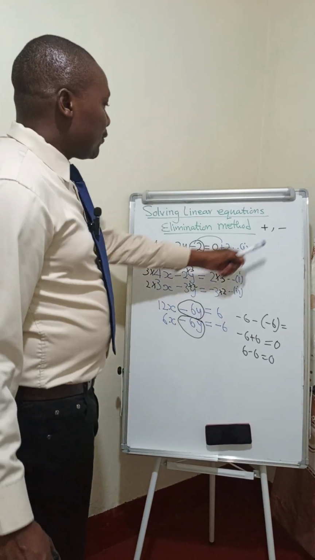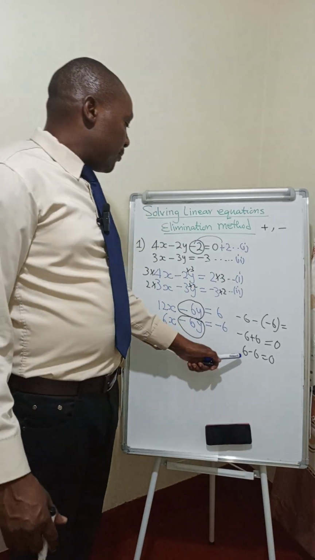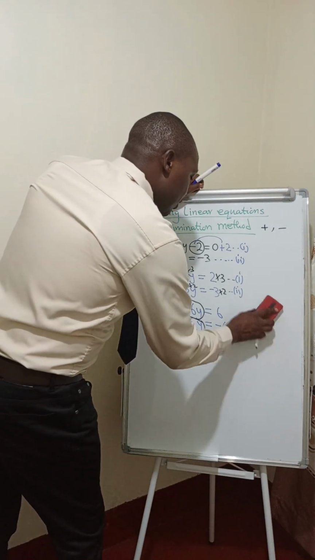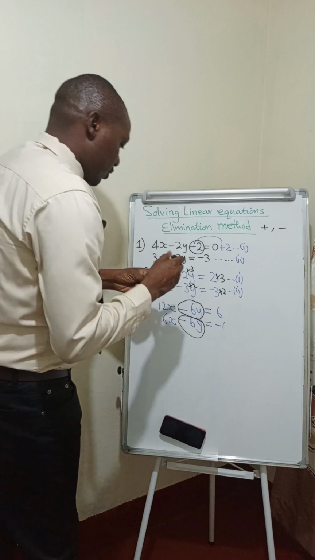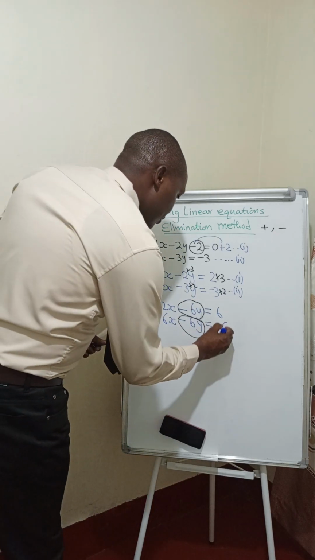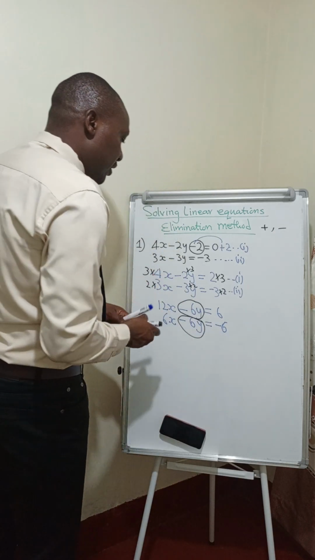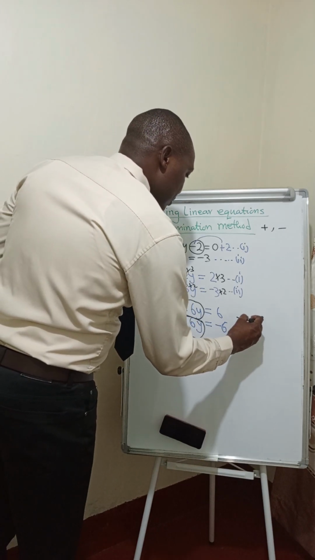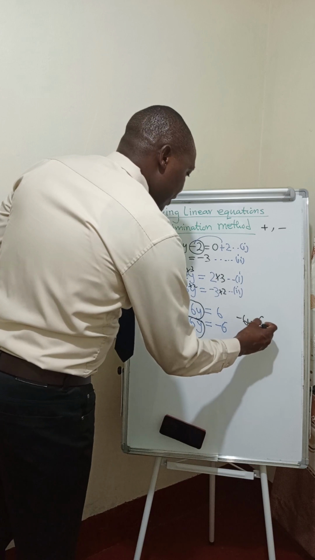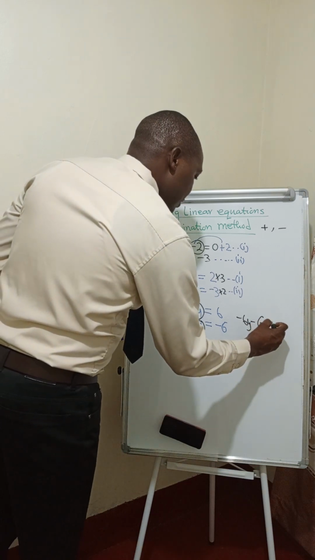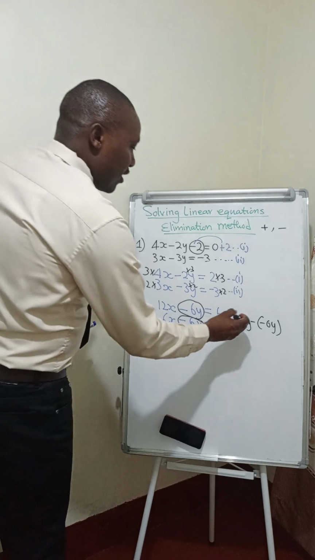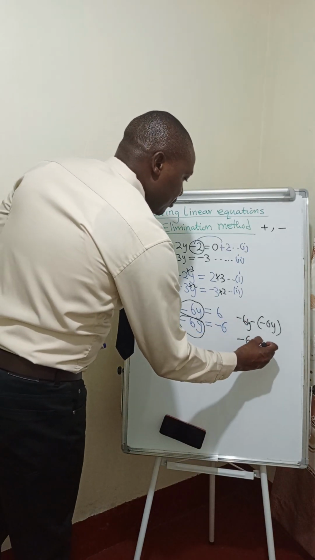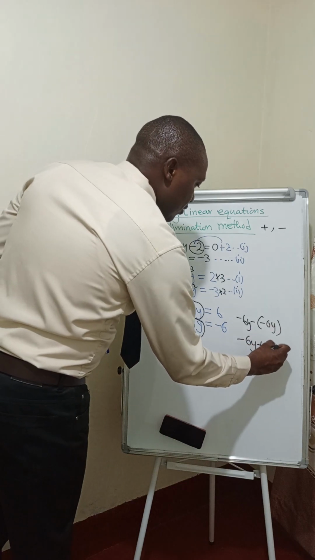So meaning, if we use subtraction here, it will help us to eliminate. Suppose we are now working with the unknown y: if we have negative y minus negative 6y, we have negative 6y, and negative times negative is positive 6y.